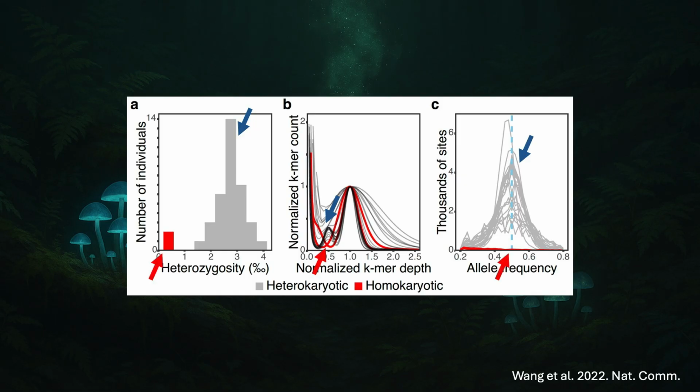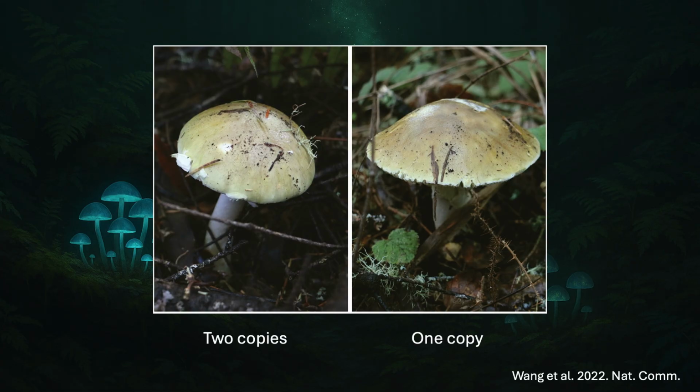In humans and most mushrooms, we carry two copies of our genome, one from each parent. But in California, it seems like there are some death caps with an alternative mode of sexual reproduction, which only needs one parent. Hence, there's only one copy of its genome.